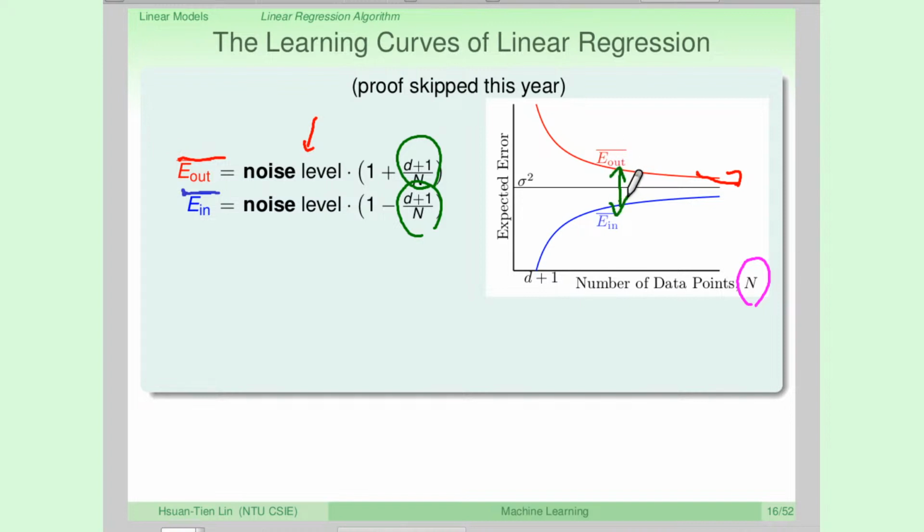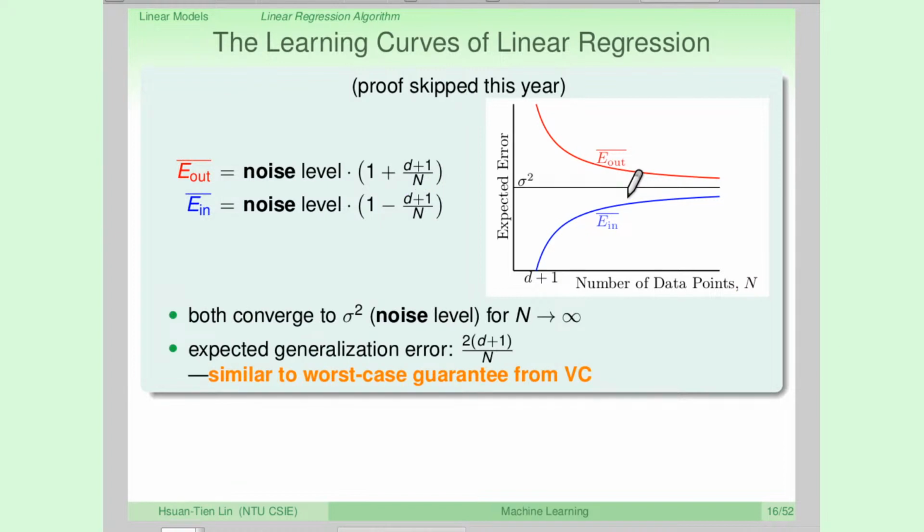And the difference in between, 2 times d plus 1 divided by n, is a message that's similar to VC. VC says we need to pay a complexity price. What's the complexity price? Something related to the VC dimension, which is d plus 1 here, and something related to the number of examples, which is big N here.